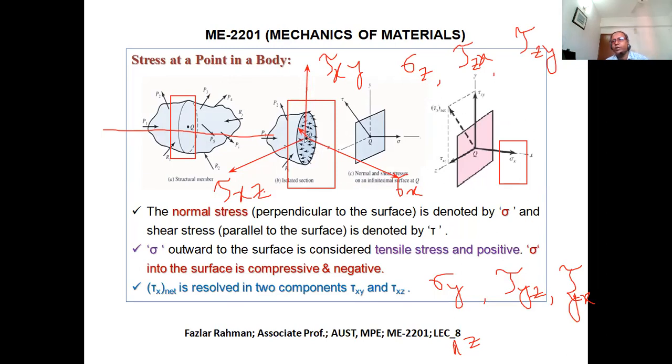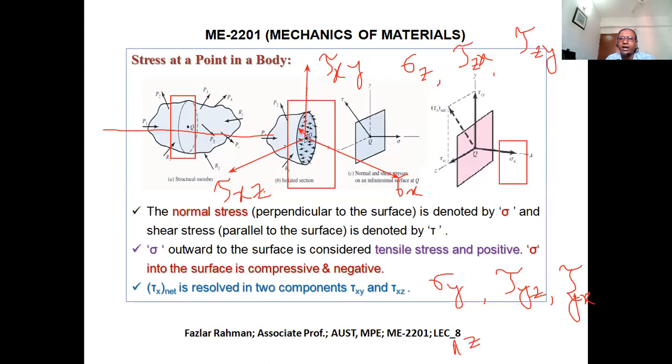Now we have the option to cut the body in three planes, right? Like YZ, XY, and XZ plane. So each plane has three stresses. So we have three planes, we have a total of 9 stresses.